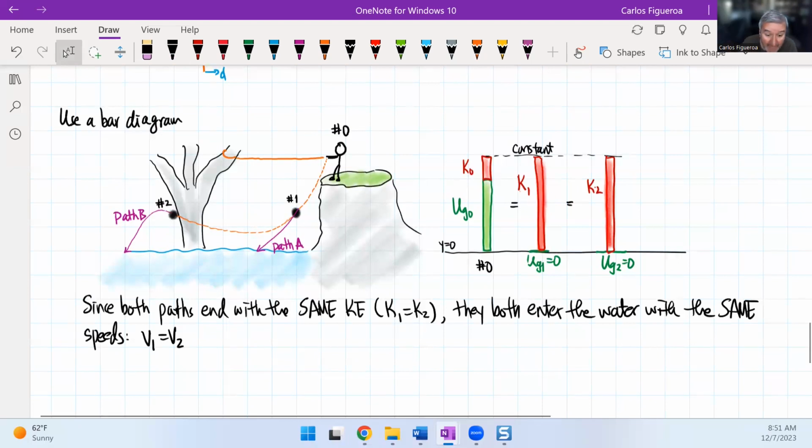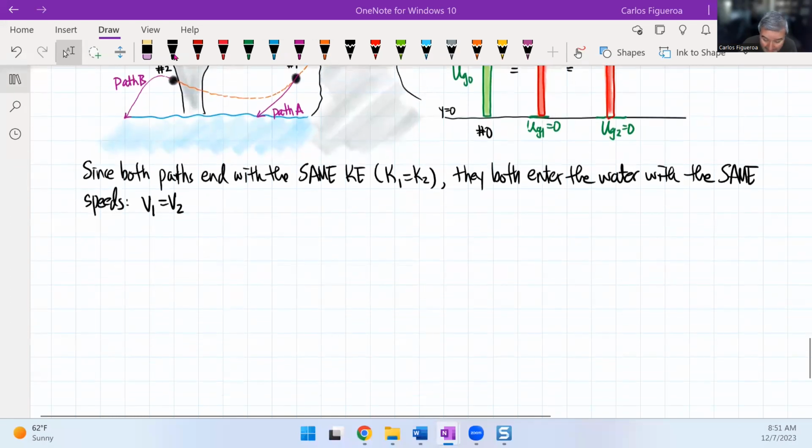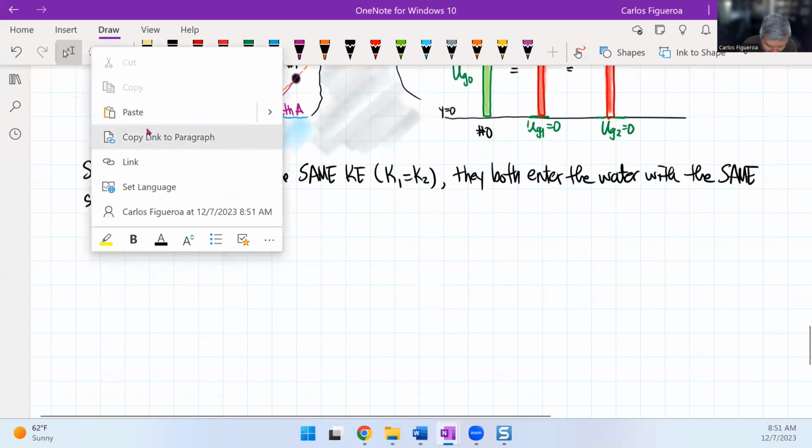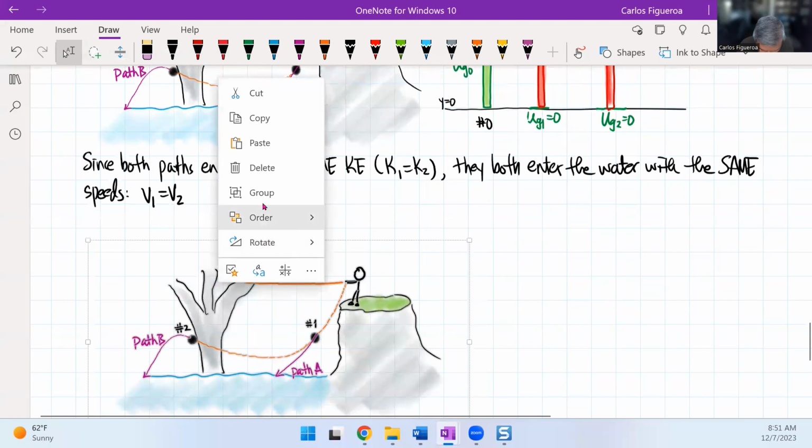Okay, let me look at another one, which I think is really good. This is part of the energy PLC that you didn't have to turn in. No, that's not what I want.